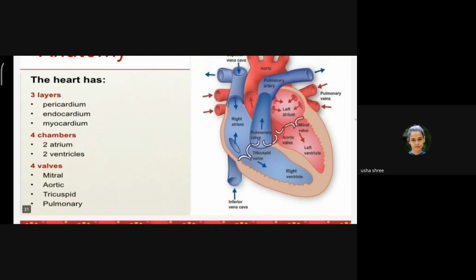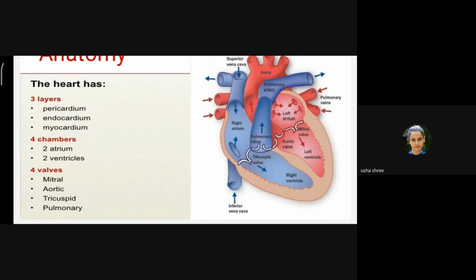That is a single valve, right, ma'am? Yes, that is a single valve, but that valve is separated into three flaps. Three flaps are collectively known as the tricuspid valve. So you can see here only two flaps.